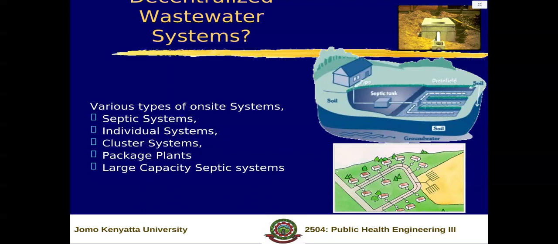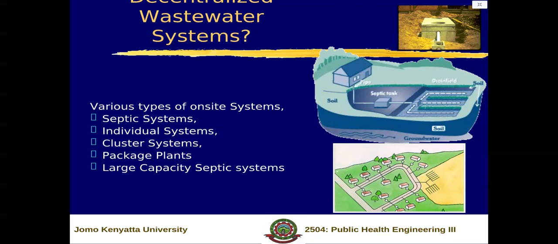And then you have the other system that could be, for example, large capacity. Ordinarily, we have septic tanks that serve us for one residential unit, maybe two, maybe three. But also you can have a large capacity that serves 800 people. There, that system is there. The rule of thumb is that we do septic tanks for 400 people and less.